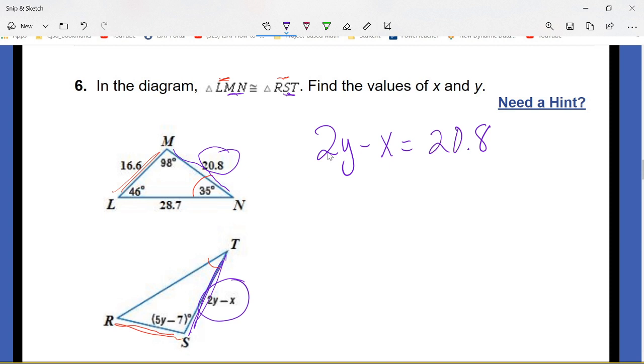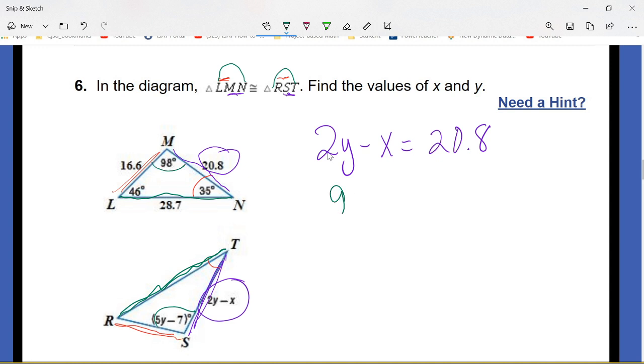But what else do I know? Well, I also know, let's go with this color here, that NL, this side, corresponds to RT, or TR, right? So these two sides correspond, but it also means this angle corresponds to that angle.